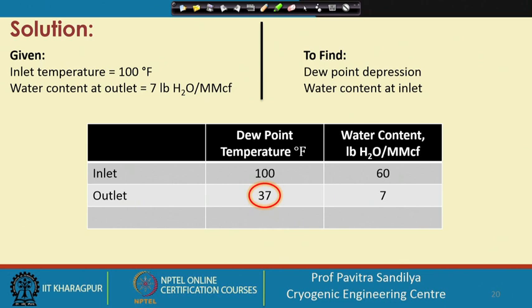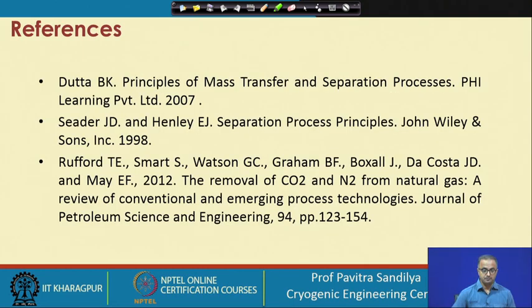So here we write 37 degrees, and the difference, 63, is the depression or the decrease in the dew point of the natural gas due to a decrease in the water content.